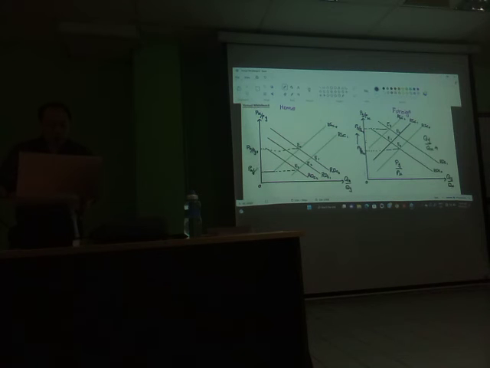For example, A, capital increases, B, L increases, labor increases. And for C, for country B, K increases, and D, L increases, or labor increases.